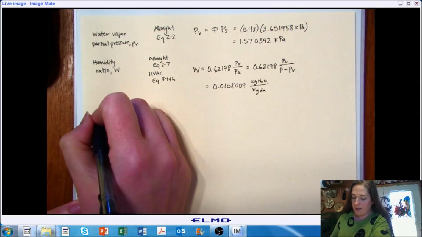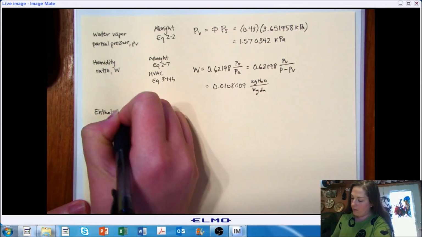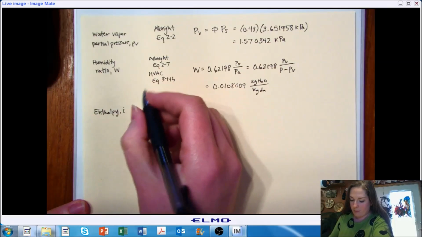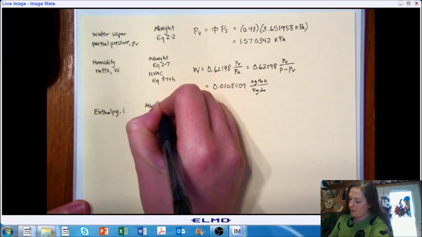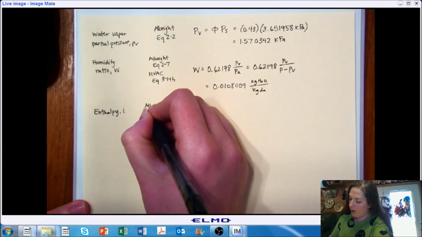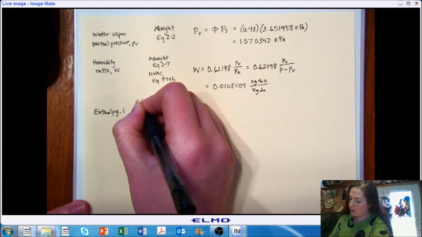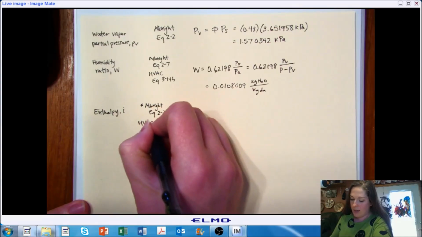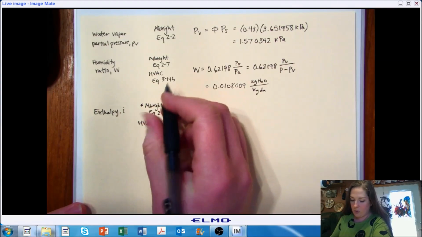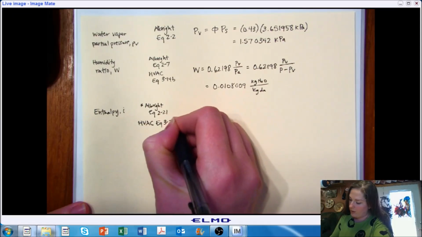Okay, the next property that we want to calculate is our enthalpy. We have an equation from Albright, 2.21. I'm going to draw a star beside it because that's the one we're going to use and go with. We also have an equation in your textbook, 3.20b, but there's a little discrepancy between the two of them, and we'll identify that in just a moment.